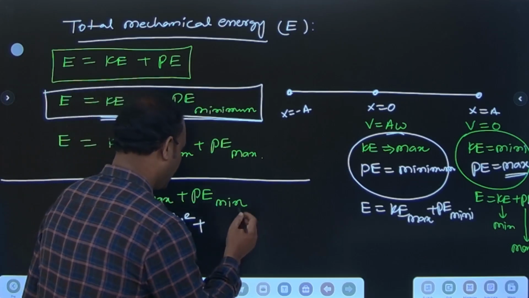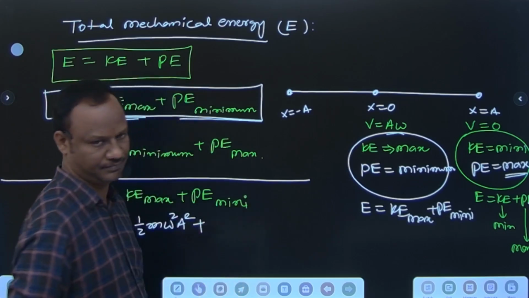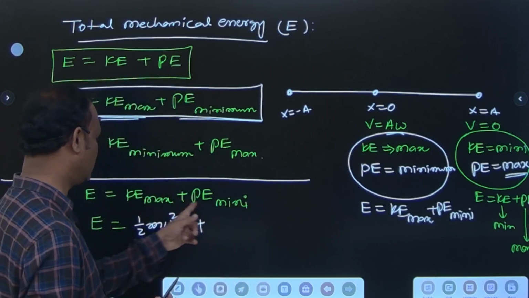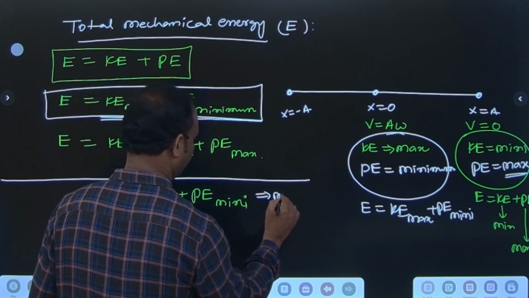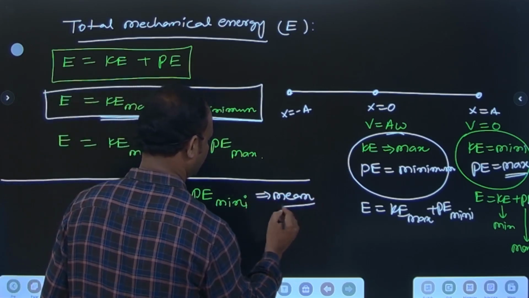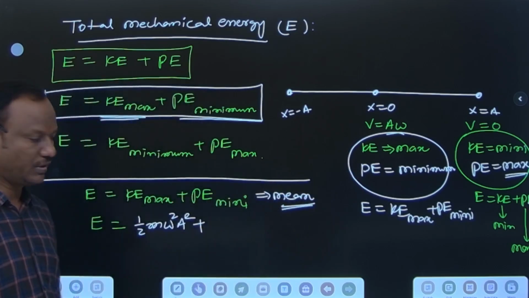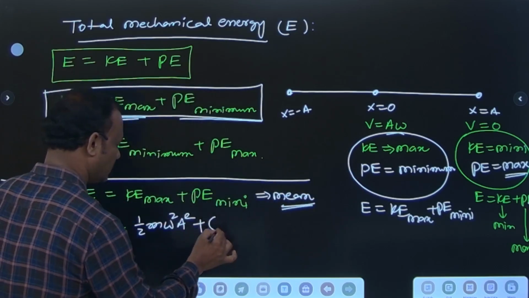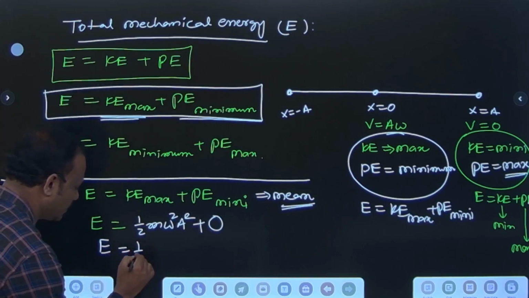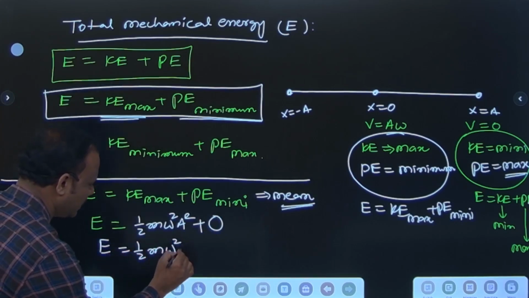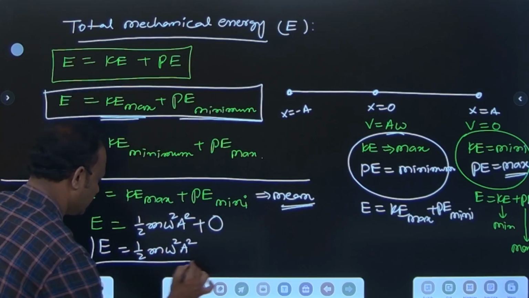Potential energy is minimum at mean position. Yes or no? What is the potential energy at this point? 0. So what is the answer now? E is equal to half m omega square a square.